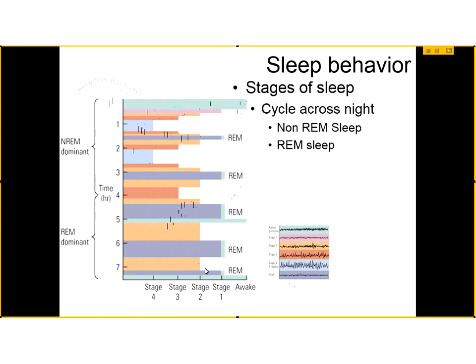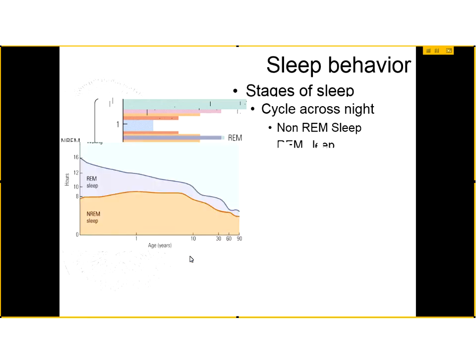So we can characterize that across the night, where you start out spending a lot of time in these different stages, and then finally there's a dominant REM sleep pattern that occurs later as you're sleeping, where you're spending a lot of time in that REM sleep, or you see those random eye movements. So we see this change across the night.